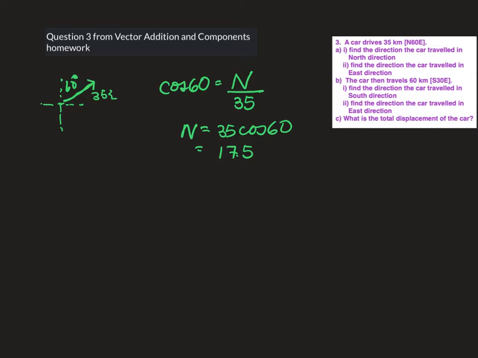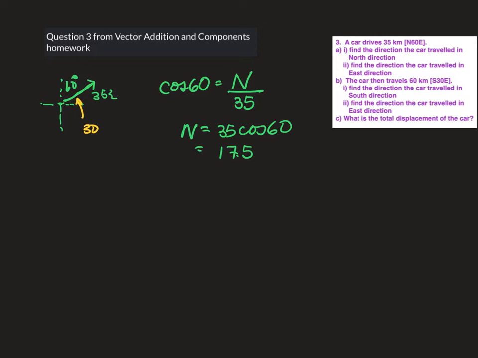So now let's think about doing the east direction. So now we're looking here. Okay? There's a couple ways we can think about it. We can either say, hey, this angle right here, that's going to be 30 because north and east are perpendicular. And then my horizontal direction will be adjacent to 30 degrees.